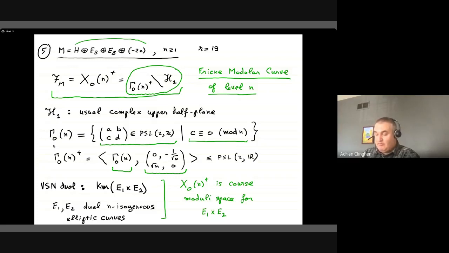And this quotient, which in number theory is known as X_0(n)+, actually makes a coarse moduli space for pairs of n-isogenous elliptic curves. And this is actually not surprising, because if I look at this family of K3 surfaces and analyze them from the point of view of the duality I just considered, it turns out that the Van Geemen-Sarti-Nikulin partners are Kummer surfaces corresponding to a product of two elliptic curves, the two elliptic curves being n-isogenous.